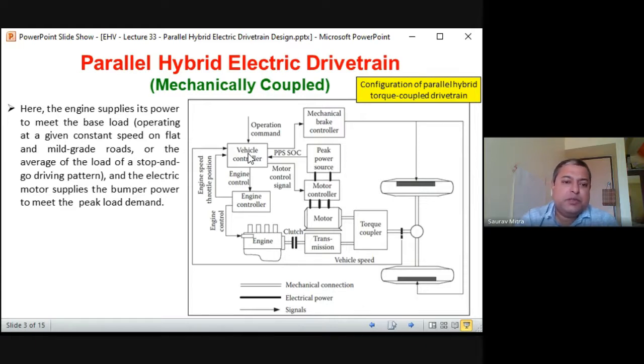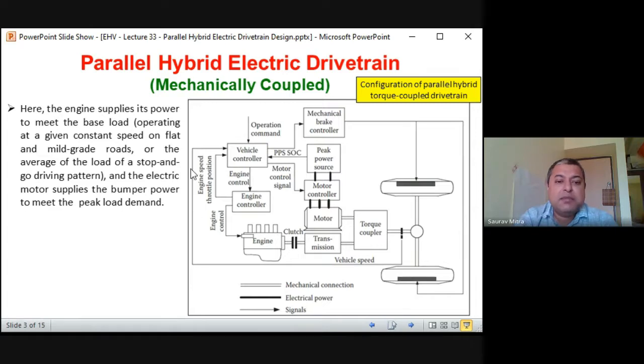When speed is to be controlled, the vehicle controller asks the engine controller, and the engine controller gives a signal to the engine for speed increment or further acceleration. To know how much acceleration has happened, there is a vehicle speed sensor connected to the axle or maybe the wheel, which gives feedback.